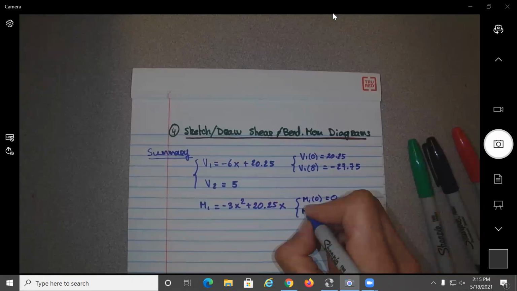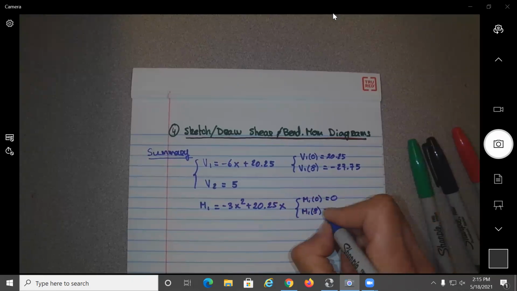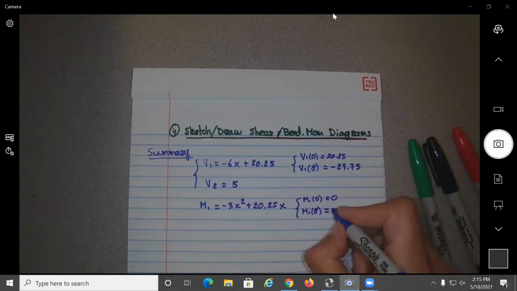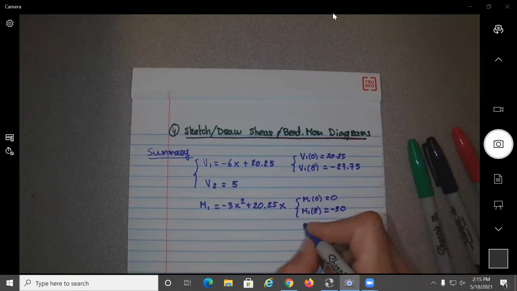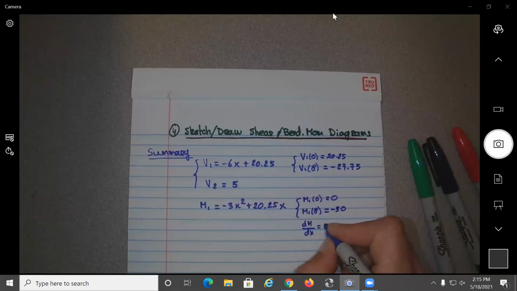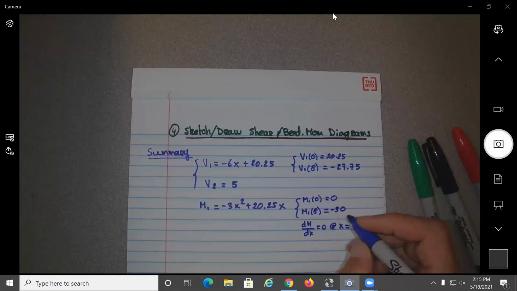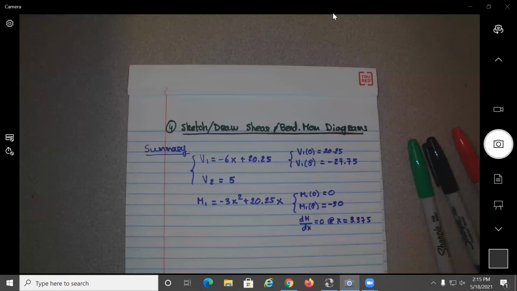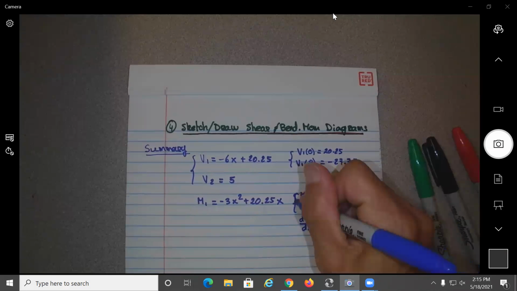M1 at 8 equal to minus 30. And we knew that dM/dx equal to 0 at x equal to 3.375. So we knew those 3 things over here.